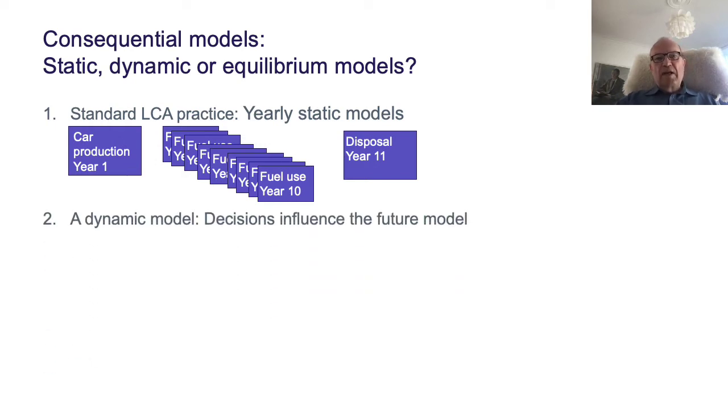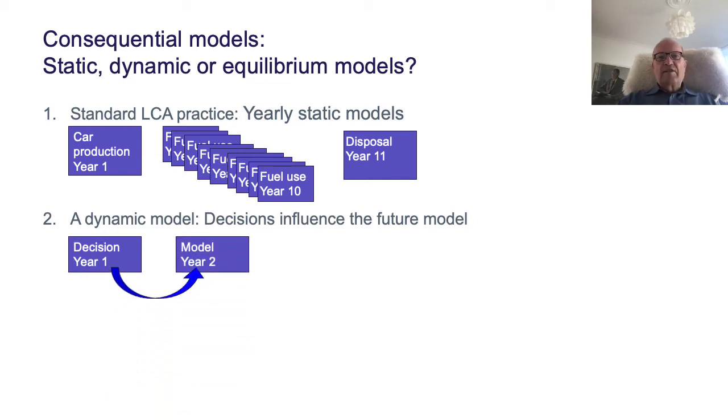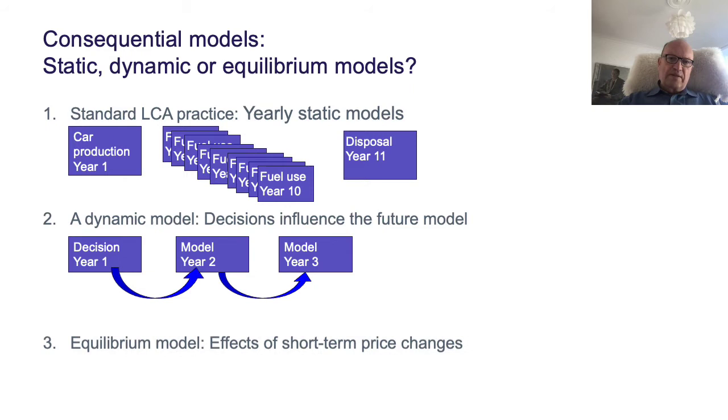Now, in a dynamic model, the decisions we're making today would influence the future model. So if we decide to buy our car in year 1, that actually may mean that there will be different models in year 2, and that again will influence how the demand for fuels, for example, will look like in year 3. So this kind of modeling is interesting, especially when you have large changes.